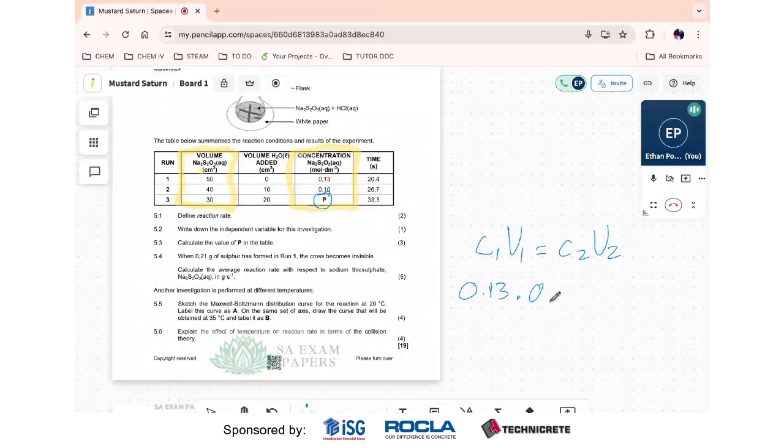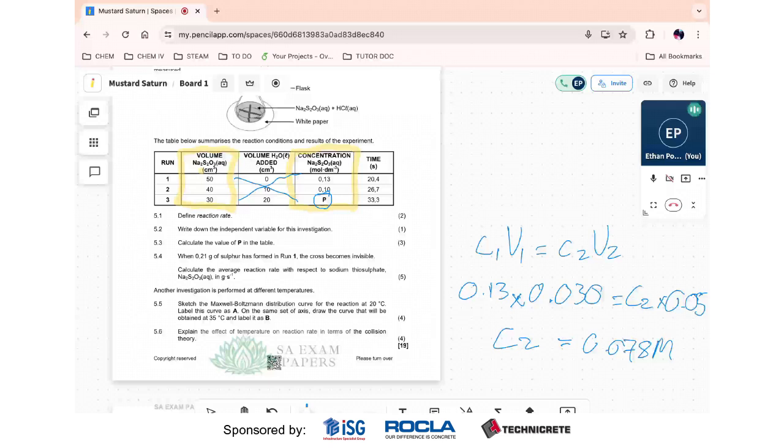So we can put the volume something like this. We sort of cross multiply. So we can put the volume of the unknown one here, because we're going to cross multiply anyways. And then the unknown concentration multiplied by the other volume, 0.05. Okay, so rearranging, we get C2 equals 0.078 molar.